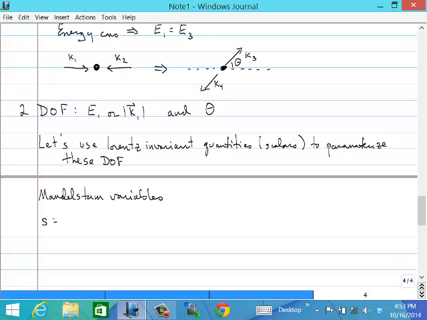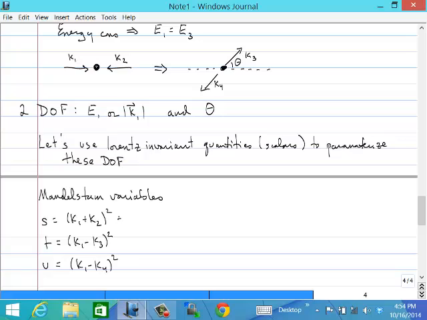These are known as the Mandelstam variables. So s is (k1 + k2) quantity squared. That's the first Mandelstam variable. It's related to the total center of mass energy. t will be (k1 - k3) quantity squared, and u will be (k1 - k4) quantity squared.